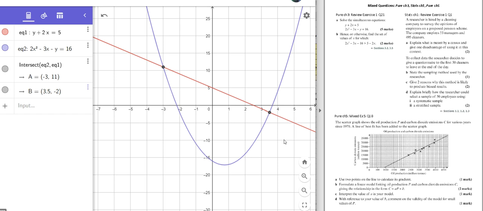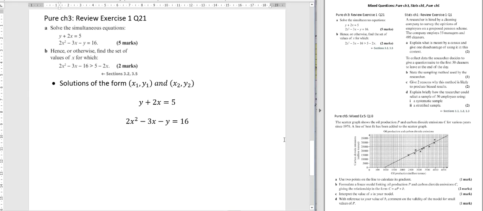But in general, you don't necessarily know if you're going to have two solutions or possibly just one solution, where the line ends up being perfectly tangent to the curve, or potentially no solutions. Questions involving those will typically ask you to find a value of k for which the line is a tangent, or something along those lines, or to demonstrate that they don't cross. What we're looking at here is two equations that do cross, and they cross in two different places, so I'm expecting two solutions.